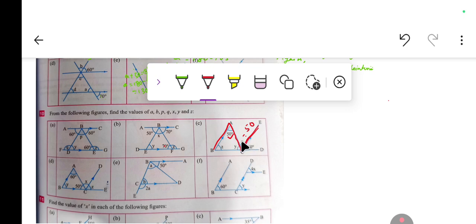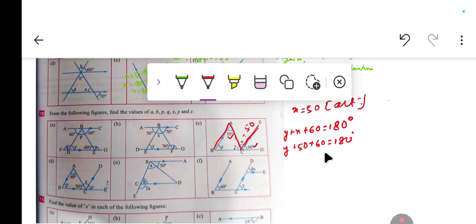So when you get x is equal to 50, and this angle we know is 60, y you can easily figure out. y plus x plus 60 is equal to 180, and you'll get the value of y, because x we have already got as alternate angle. x is equal to 50 degrees being alternate angle, and the value of x you put over here, 50, and then you get the value of y. What is that? 180 minus 110, that is equal to y, 70 degrees.